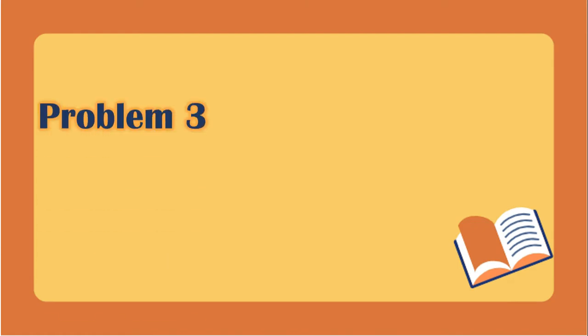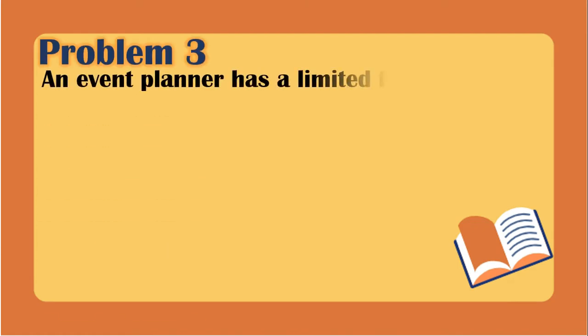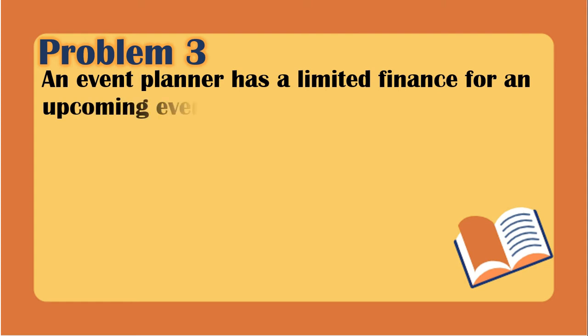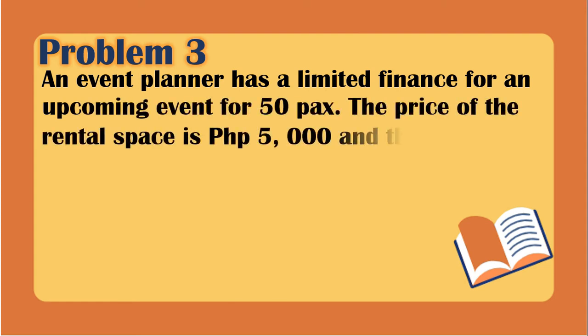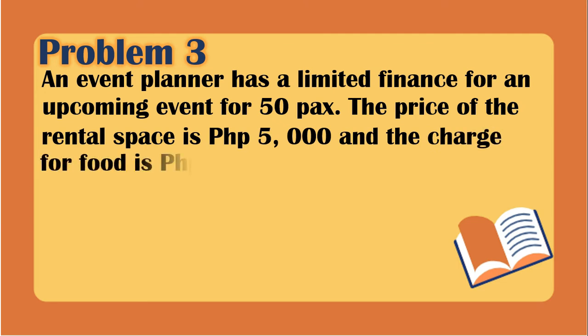Problem number 3. An event planner has a limited finance for an upcoming event for 50 packs. The price of the rental space is 5,000 and the charge for food is 200 pesos per person. We need to write the linear function of this problem.